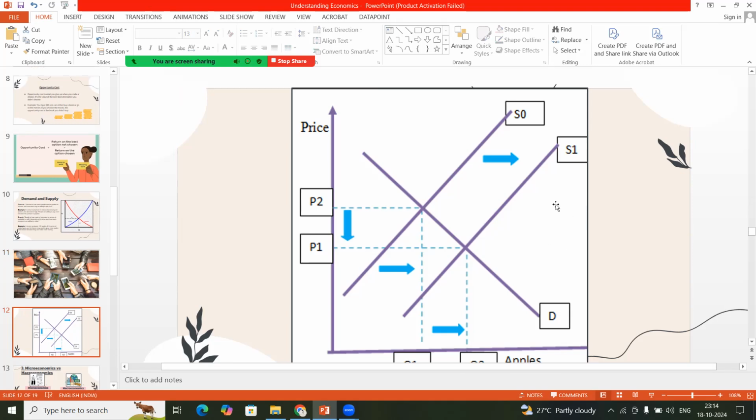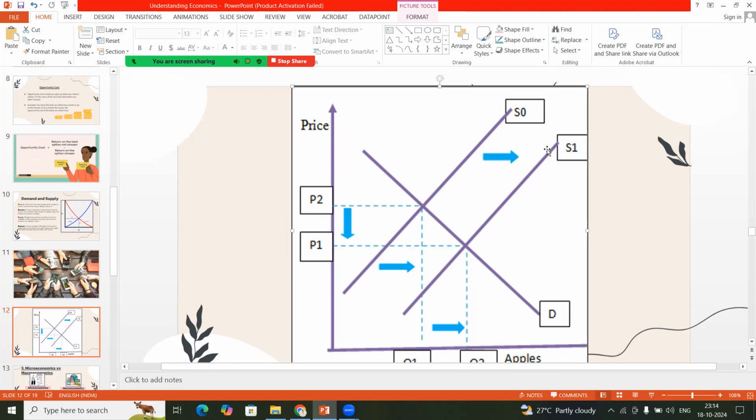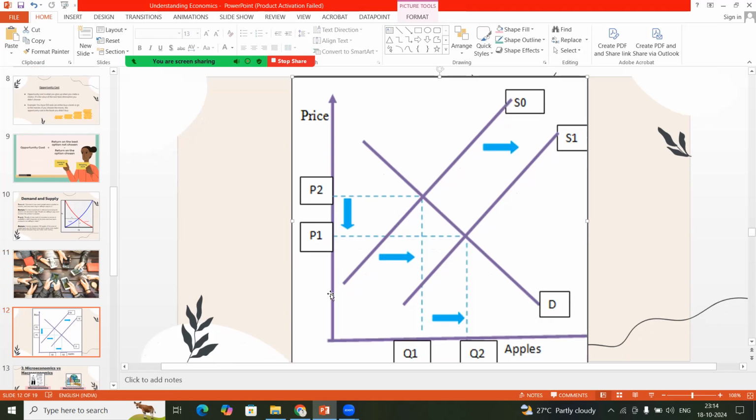What is this diagram about? This is my initial demand and this is my initial supply. Now when my quantity is Q1, this is my initial equilibrium point where my supply is S0 and demand is D0.